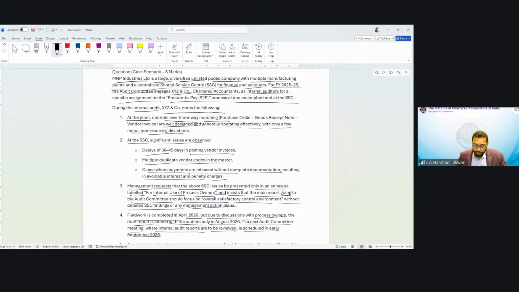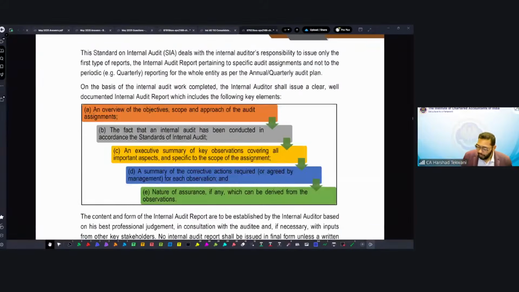Summary. Yes. See, now let us see what is required to be included as key elements. So the answer to this question is on page number 16.19 in your study material. The following are the key elements that we are talking about in your internal audit report. An overview of the objective, scope, and approach of the audit assignments.